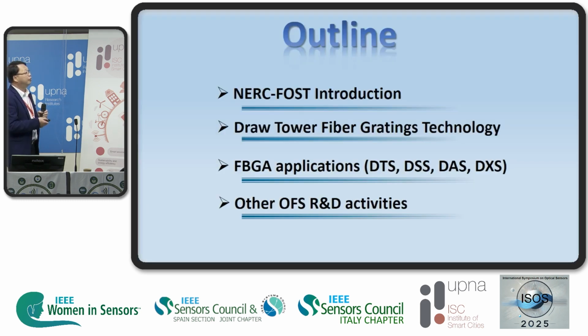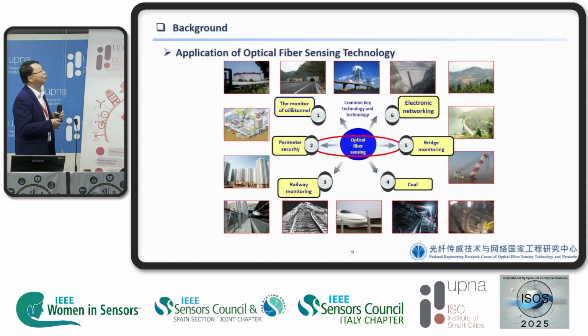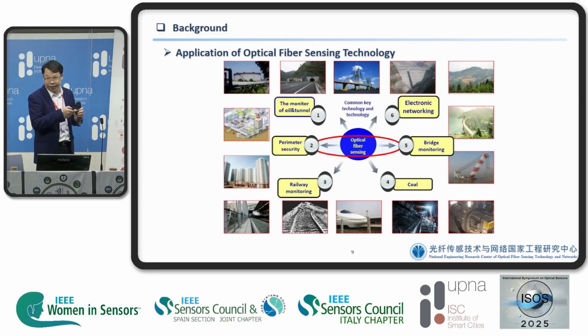Okay, then I will go to the second part: what is the drawn tower fiber grating. We all know that fiber optic sensing technology can be used in many industrial applications, especially in China. There is a huge market, from structure monitoring to railway, coal mine, and bridges, and so on.